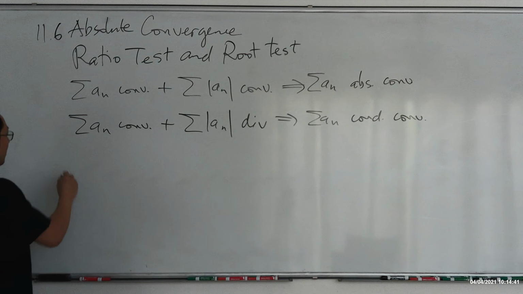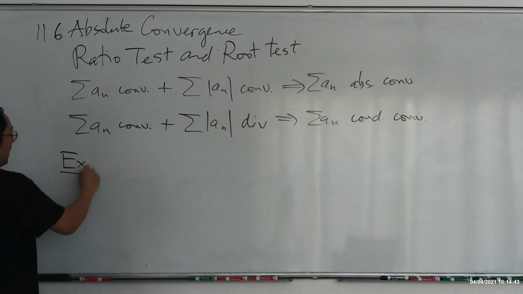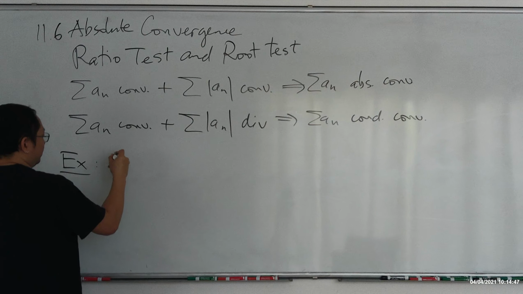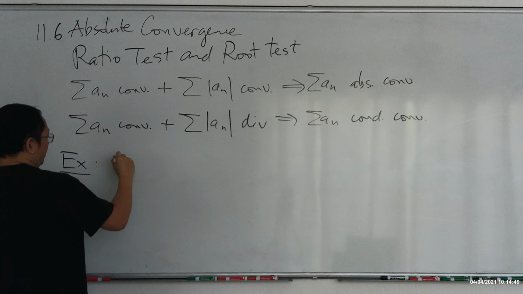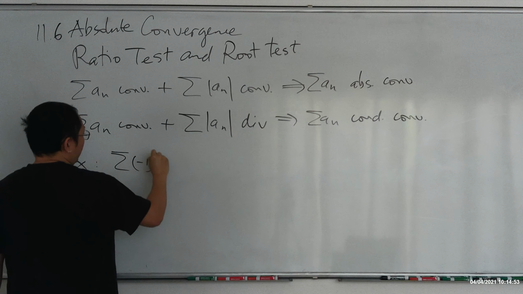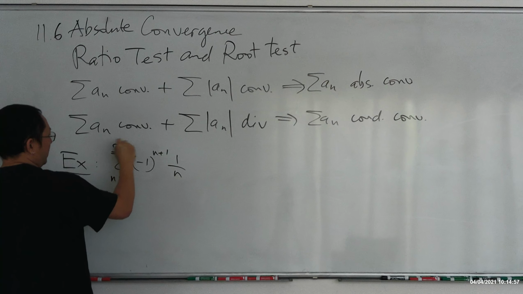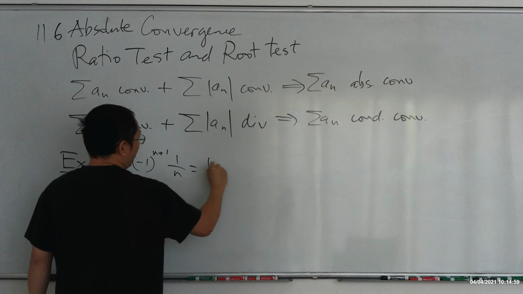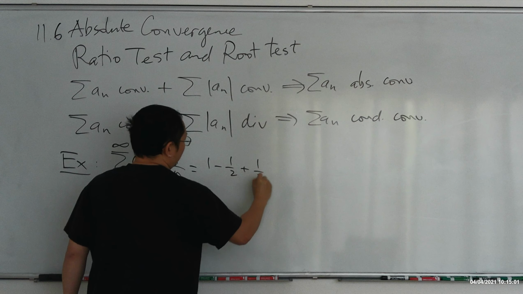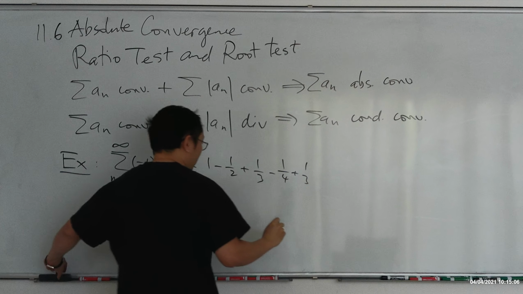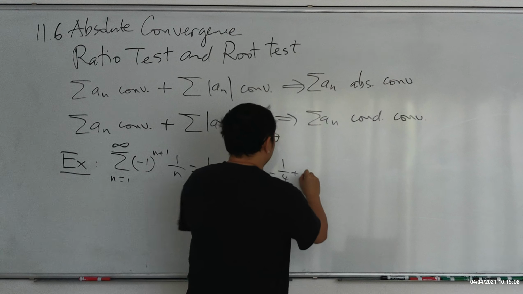Okay, so let me show you an example of a series that is absolutely convergent and conditionally convergent. The first one, the sum of (-1) raised to the n plus 1, times 1 over n, n runs from 1 to infinity. And this is what? 1 minus 1/2 plus 1/3 minus 1/4 plus 1/5 plus and so on.